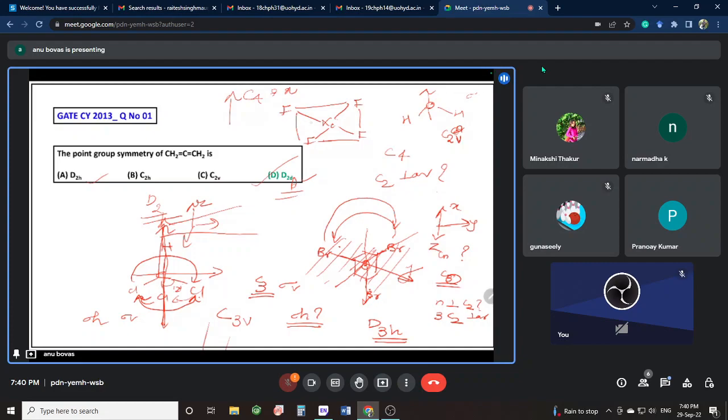For example, if I hold here and rotate, this will move here and this will move here, right? So such a kind of C2 axis, can you imagine? Yes, ma'am.